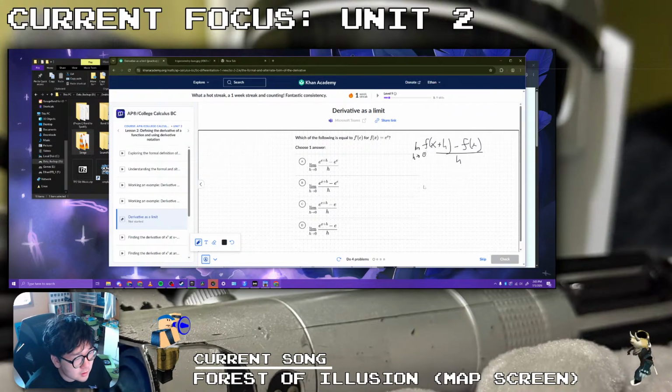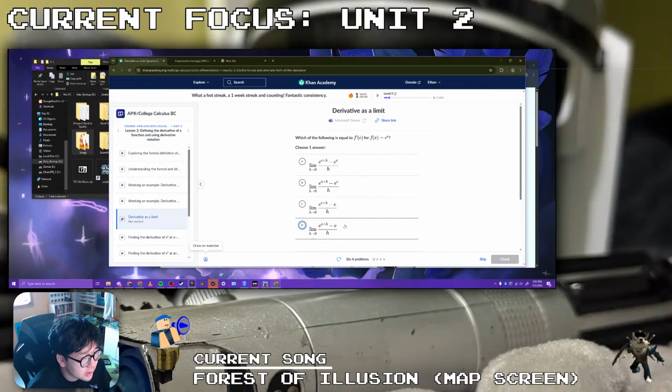So that means in this case it would be the limit of e to the x plus h minus e to the x over h, which looks like this one. What's the difference? Well, that says e.